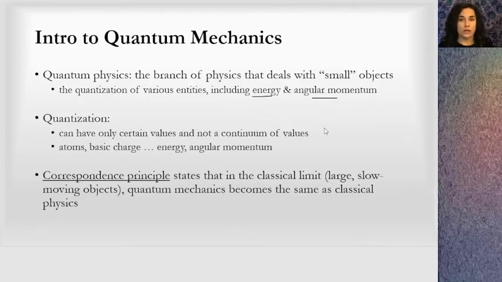But with the hydrogen atom, the electron in the hydrogen atom, any type of atom, we see that only certain values are allowed, not this continuum that we're used to typically. We see this with basic charge as well as energy and angular momentum.